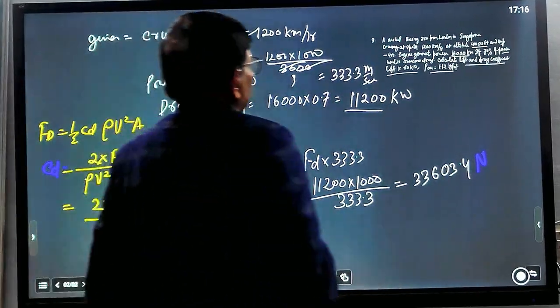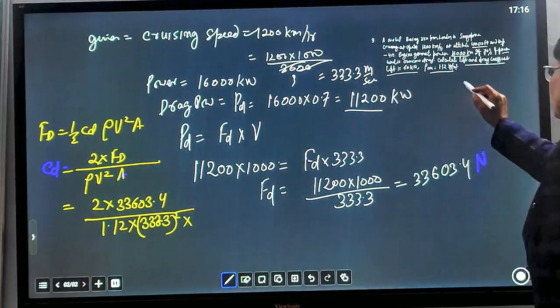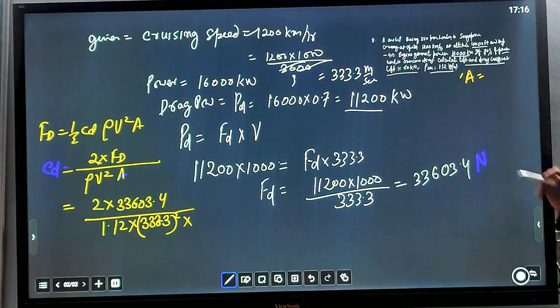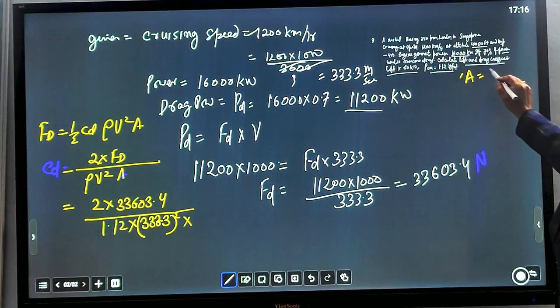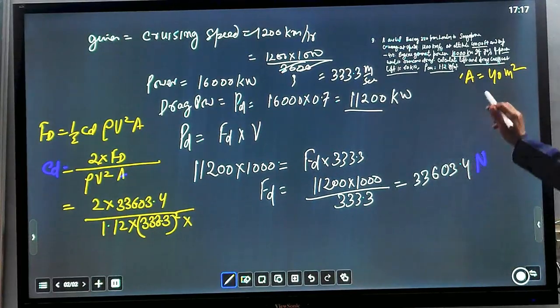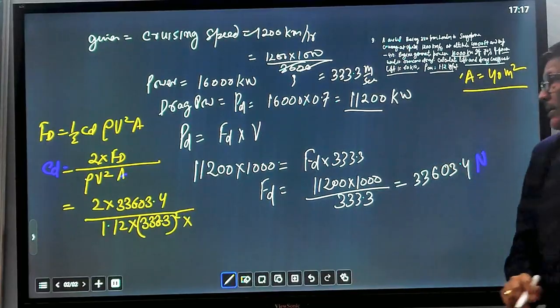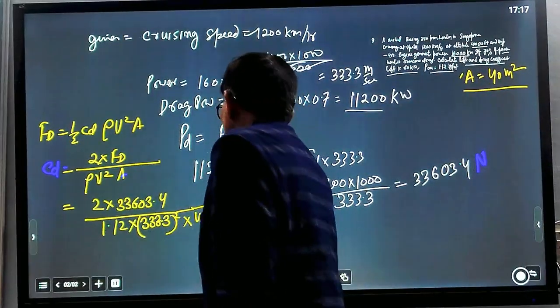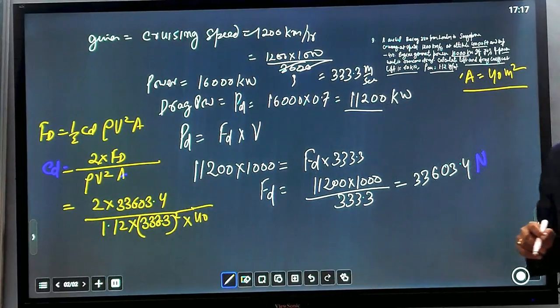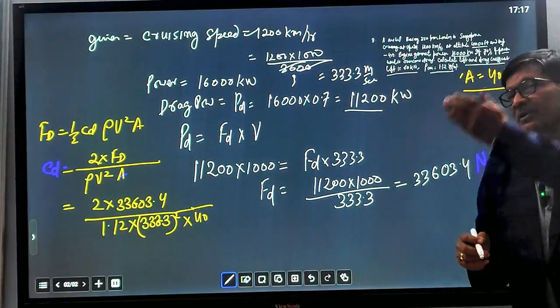Frontal area, I think I have not dictated here, but this area is given in the question, because wing area is always given in the question. So wing area, let us take 40 meter square. Wing area means two sides, there are two wings, we take 40 meter square. I forgot to mention the wing area or frontal area of the wings over which air will pass over the surface.